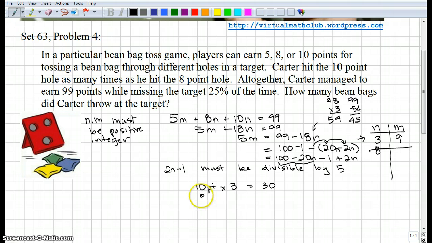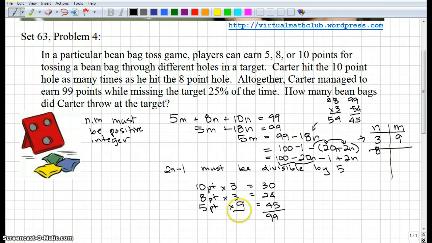We hit the 8 point hole, or Carter did anyway, 3 times, so that gives us 24 points. And then we hit the 5 point hole 9 times, and that gives us 45 points. So if we add that all up, you can see that gives us the 99 points.